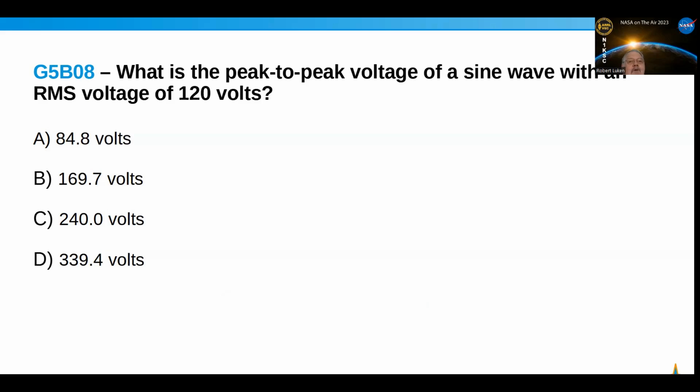Yeah. So what is the peak-to-peak voltage of a sine wave with an RMS voltage of 120 volts? So it's kind of backwards. We want to know what peak-to-peak is if you know the RMS.